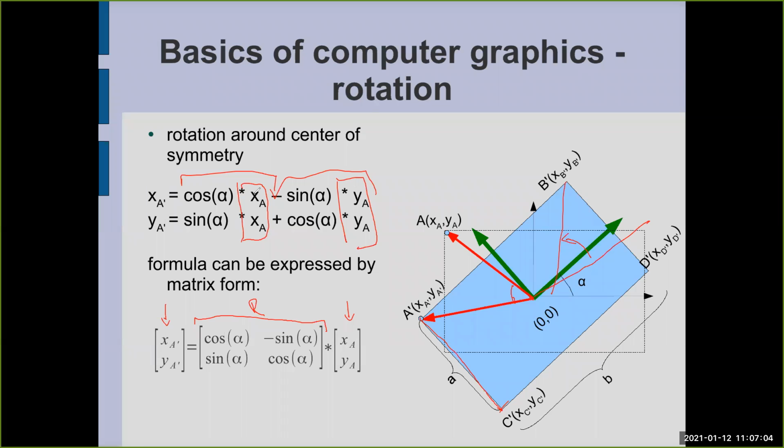When I calculate it, these values are fixed. So I don't need to calculate cosine and sine in every multiplication. I do it only once. So I can perform this operation quite easily and fast, because most processors have specialized units which let us multiply a vector by a matrix.